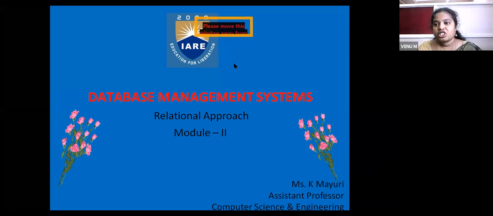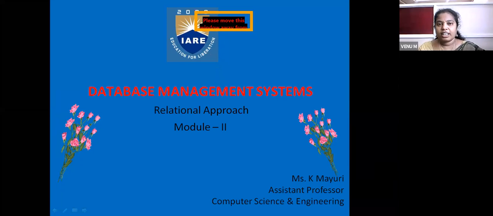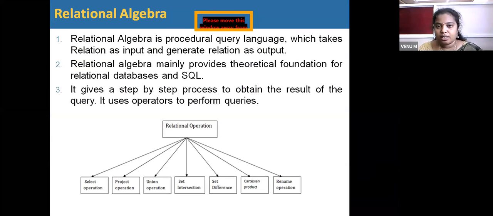Coming to relational algebra, this is going into the second module. Relational algebra is a procedural query language which takes a relation as input and gives output as a relation.